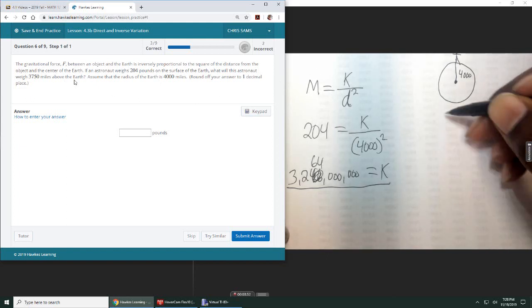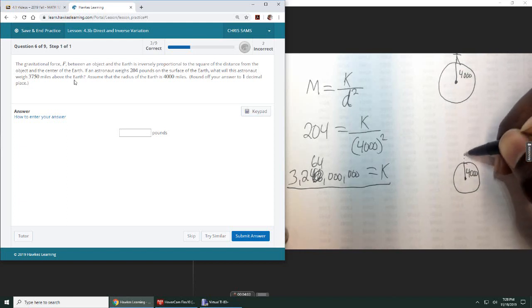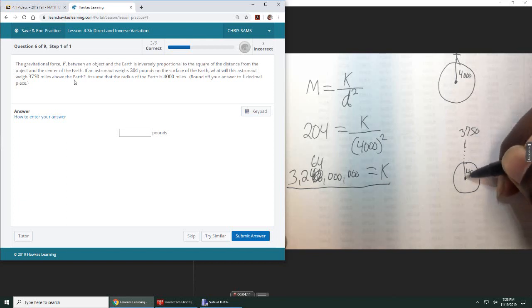His weight is K over the distance he is from the center. So now we have this astronaut here. Here is the Earth, which is 4,000. And then he is an additional 3,750 miles above the Earth. So all together, I have to do 3,750 plus 4,000 to find out how far he is from the center.